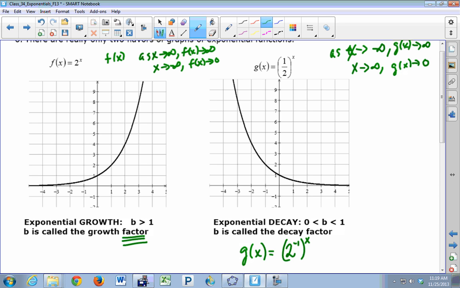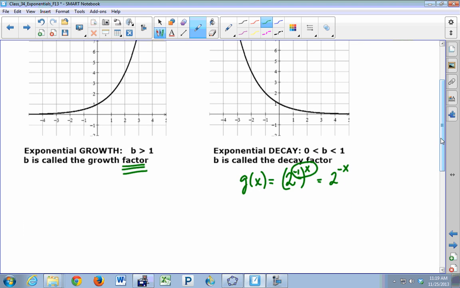And remember, our exponent properties say that when we have a power raised to a power, we multiply our exponents. Okay, so 1/2 to the x can be written as 2 to the negative x. So what's the relationship between 2 to the negative x and 2 to the positive x, or 2 to the x?